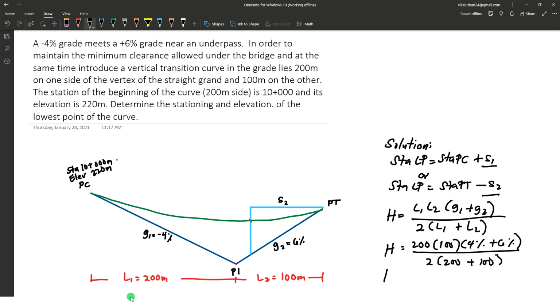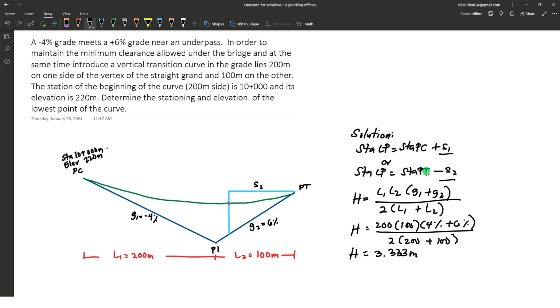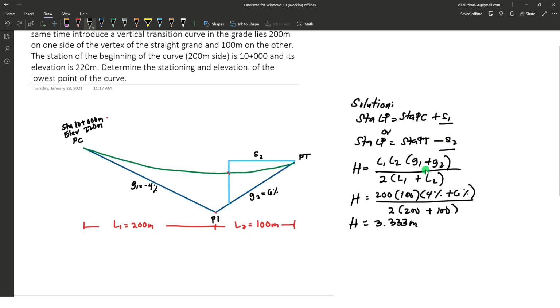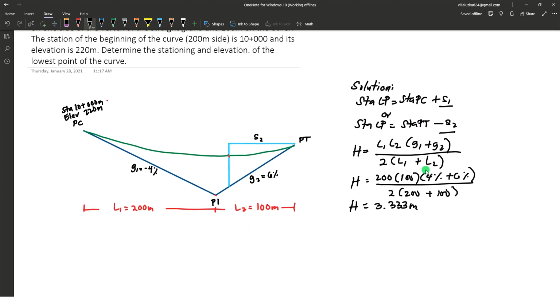So h is equal to, computing that, we have 3.333 meters. Next, we have to compare that h to G1 L1 over 2 or G2 L2 over 2.